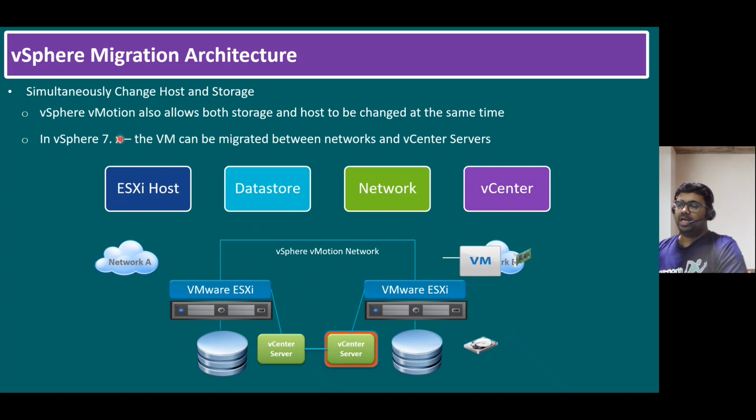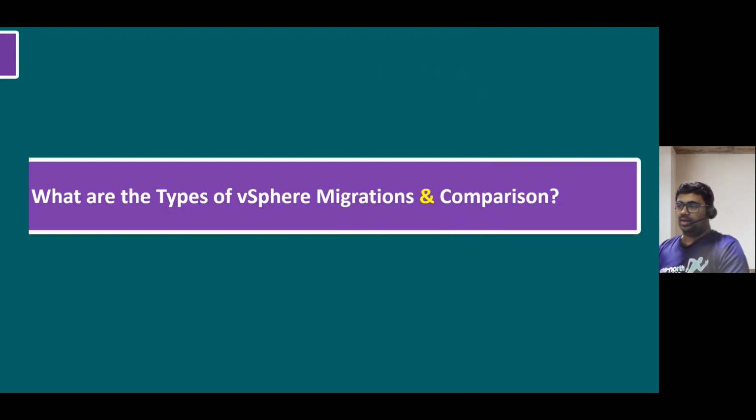But currently, as of today, we have 7.0 Update 1, Update 2, and Update 3. In all these 7 series flavors, the VM can be migrated between networks and vCenter Servers without shared storage. That option is available. Now, what are the types of vSphere migrations and their comparison?